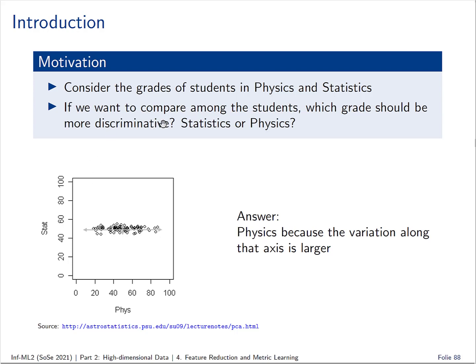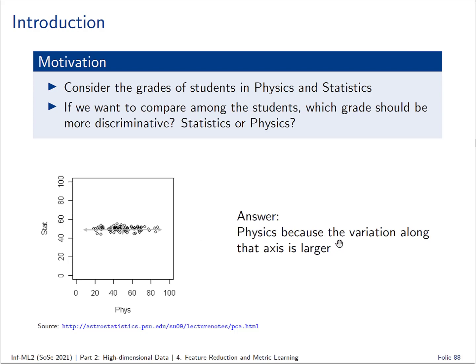So the answer to the question, which grade should be used to compare among the students, is probably physics, because the variation along this axis is much larger, so it's much more significant if someone is up here or down here, rather than in statistics, where the best students are shortly above 50, and the worst students are shortly below 50. That's not really significant.